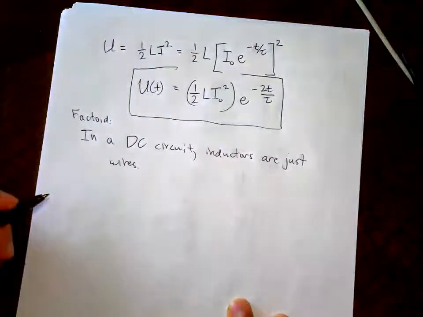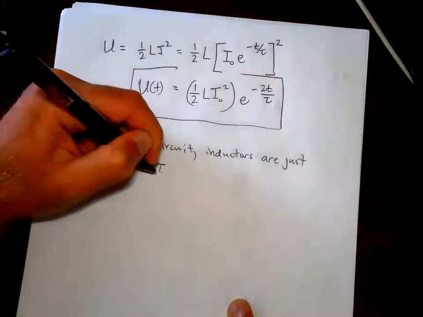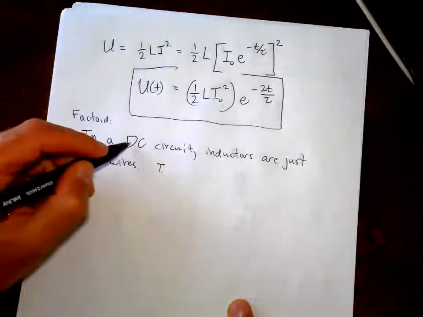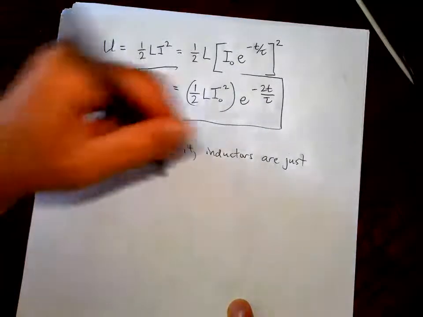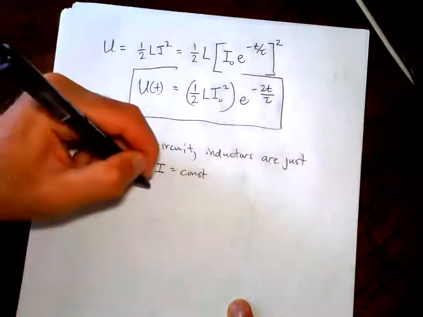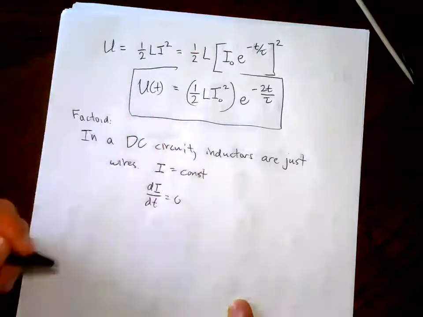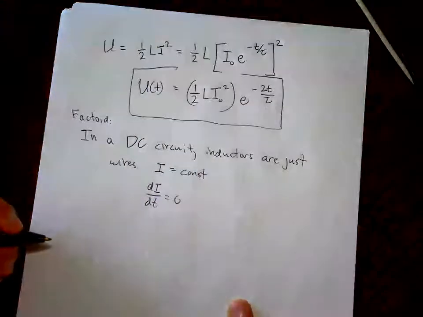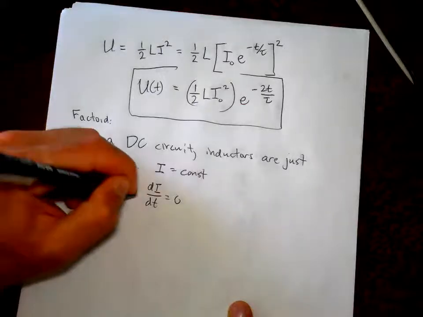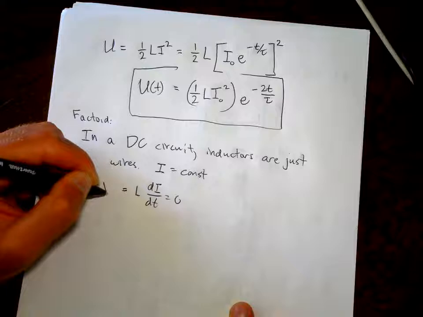Why do I say that? Well, if you have a DC circuit, the current is a constant. So that means that di dt equals 0, which means that L times di dt is 0, which means that the voltage across the inductor is 0.